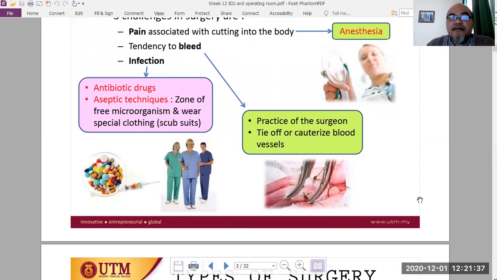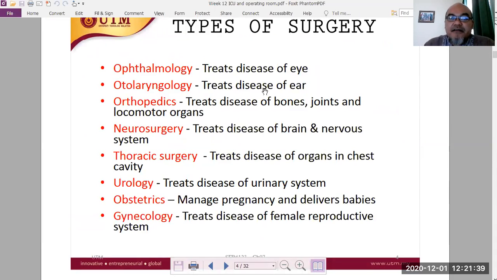Okay, then these are some types of surgery done. Ophthalmology, the treatment of eye disease. Otolaryngology, the treatment of ear disease. Orthopedic surgery, to treat disease of the bones, joints, and other locomotor organs. Neurosurgery, to treat disease of the brain as well as the nervous system.